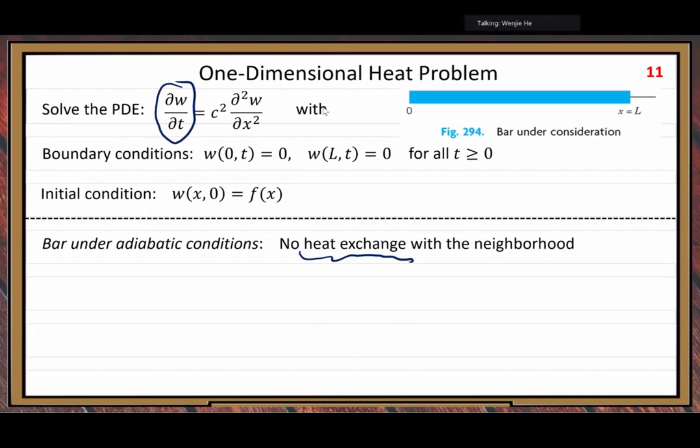For this variation, we replace the function value at 0 by the derivative. The derivative equals 0, and the function value is not necessarily 0. In this case, the assumption is that the bar is completely insulated, including the non-end parts.